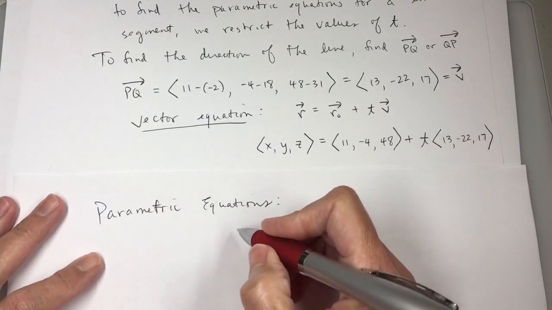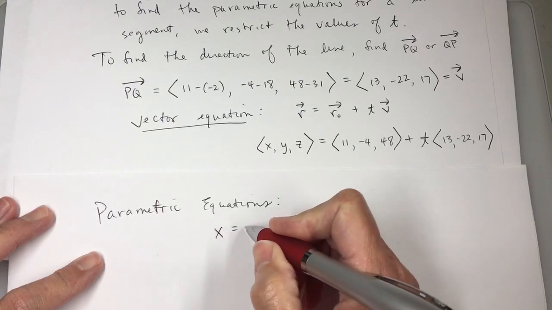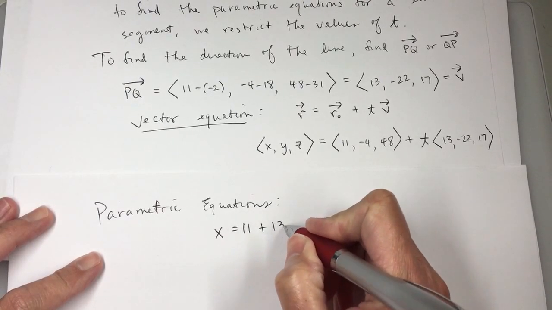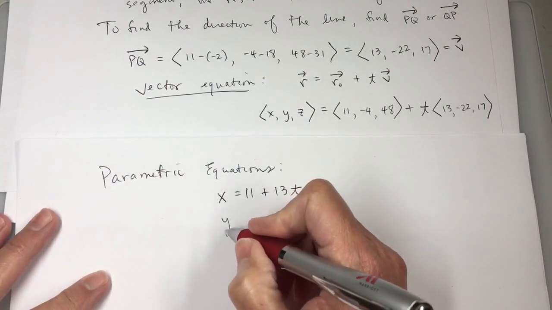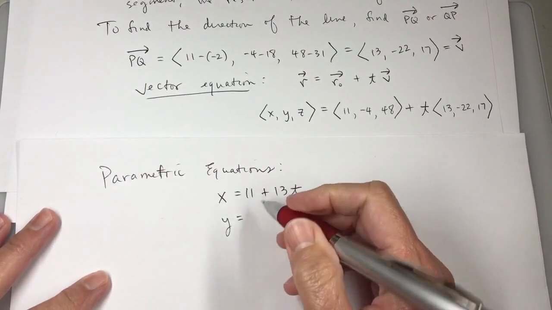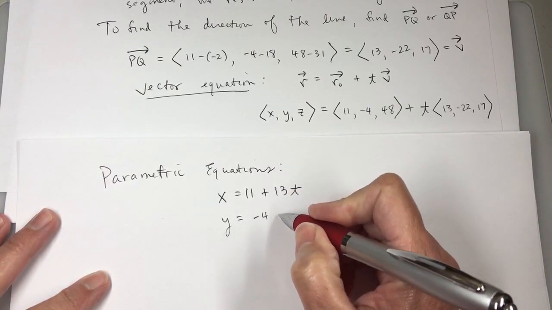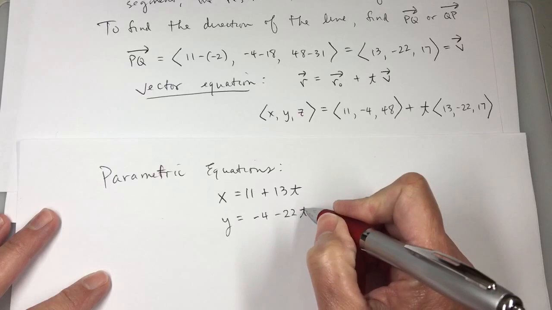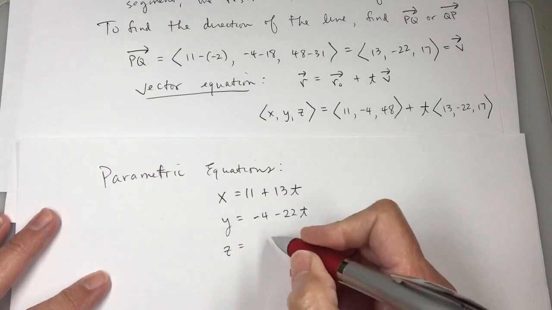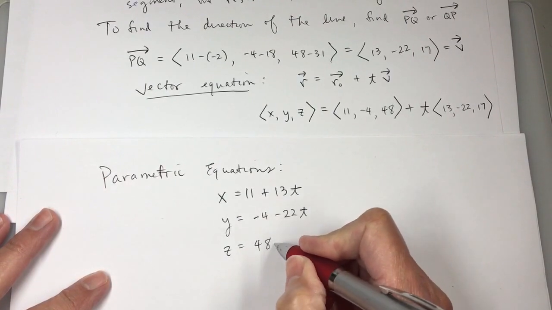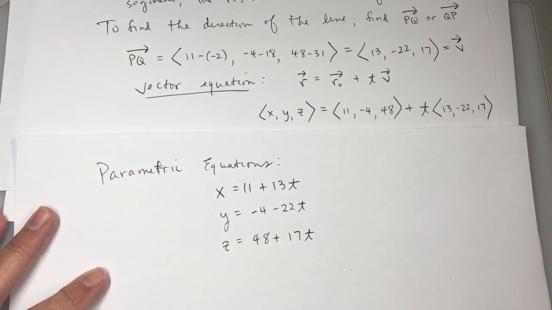So for the parametric equations, x equals 11 plus 13t. What does y equal? y equals negative 4 minus 22t. And z equals 48 plus 17t. Do y'all see how I got that?